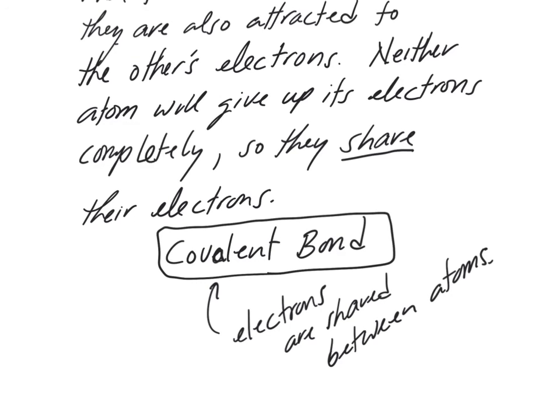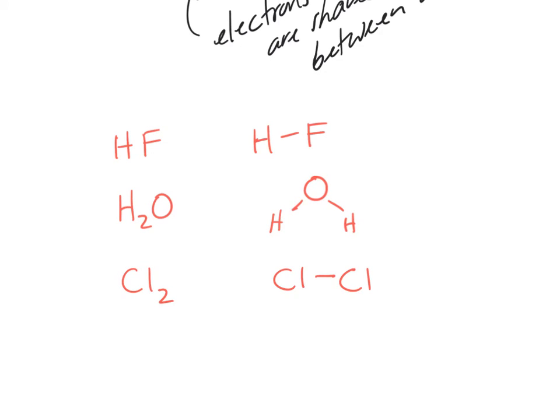I'm going to draw a couple pictures of some molecules and show the covalent bonds that those molecules have. Here are some molecules, and I'm also drawing the diagram of those molecules. Here's hydrogen fluoride, HF. It has a structure like this, and this line represents the covalent bond.